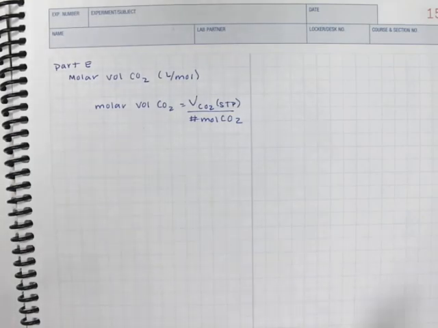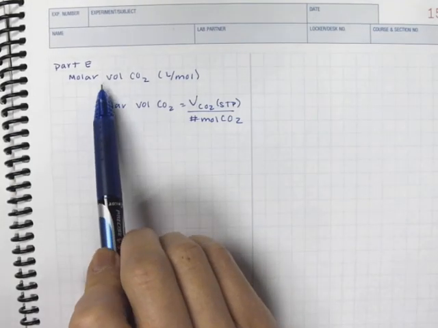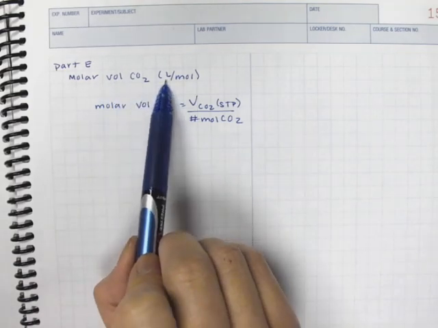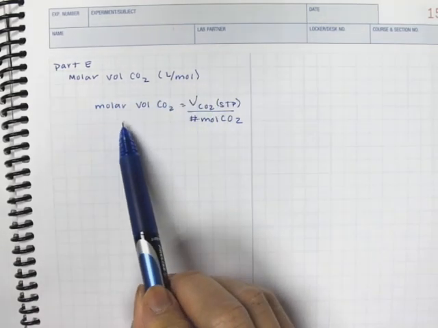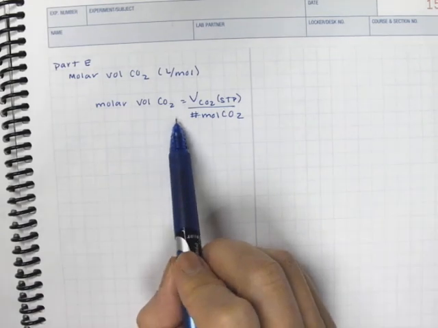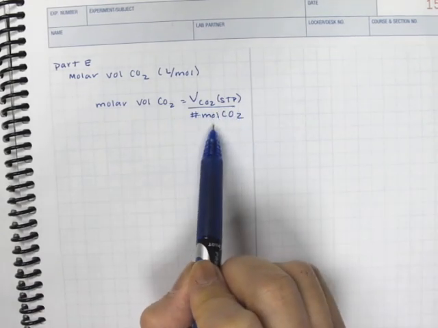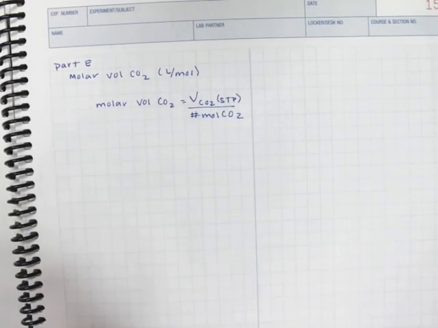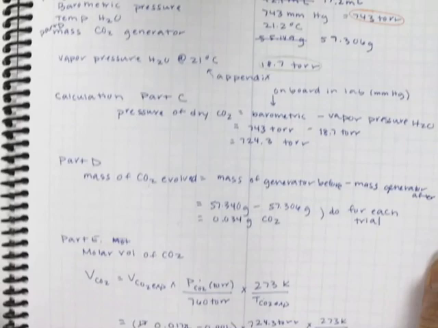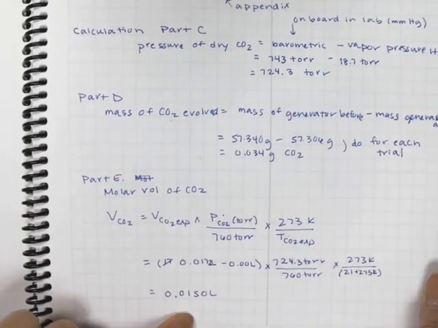For part E continued, this is the second question: determine the molar volume of CO2 in liters per mole. The formula is molar volume of CO2 equals VCO2 at STP over the number of moles of carbon dioxide. The VCO2 you determined in the last step was 0.015.